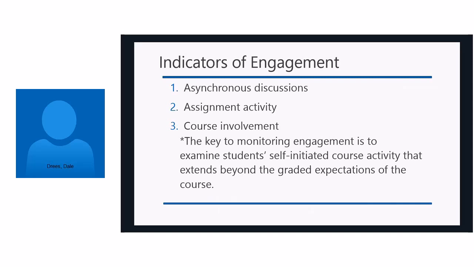There's three things here that we're going to go over: the asynchronous discussions, where you can really see where students are being engaged or disengaged, as well as the assignment activities, and also the course involvement. You can get some indicators through the course by looking at logs and different other things that we're going to talk about in a second.